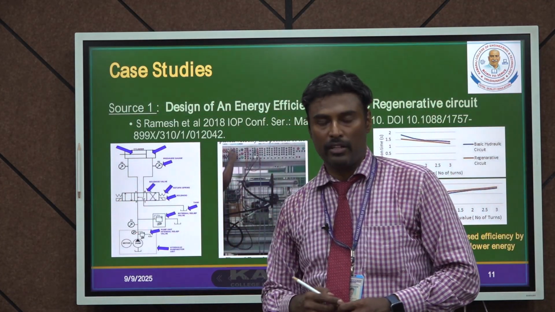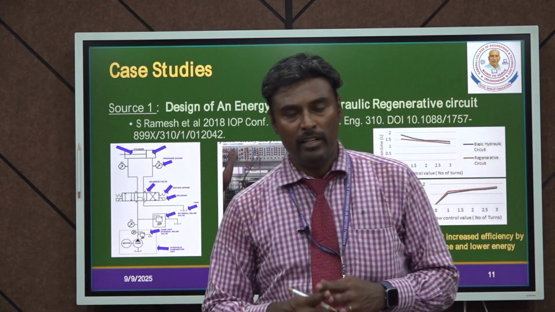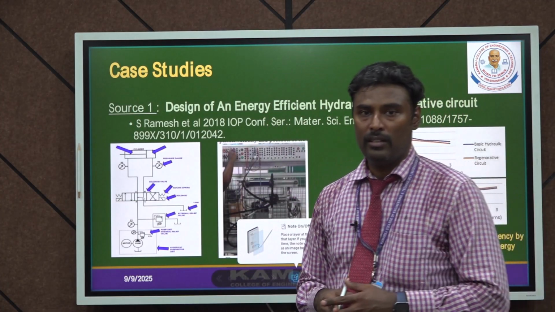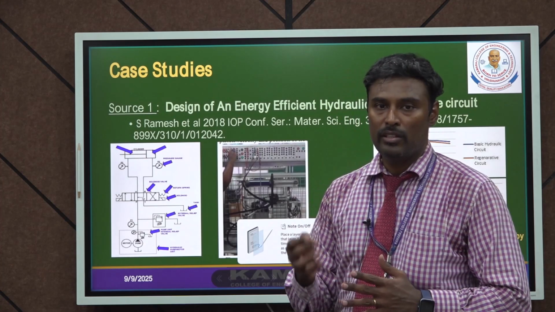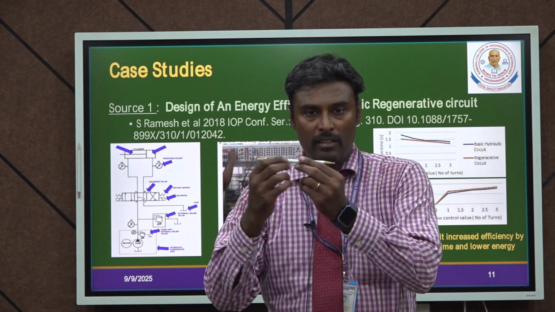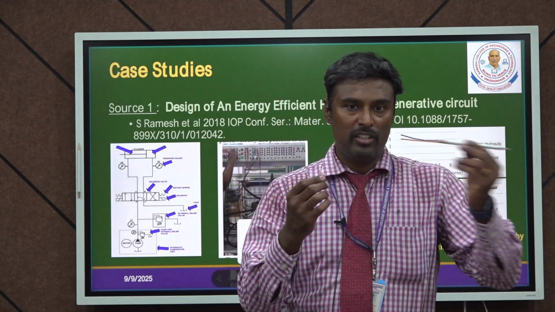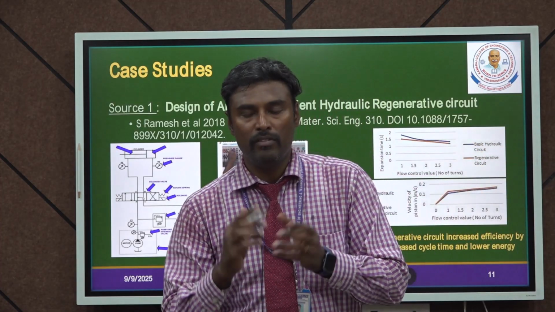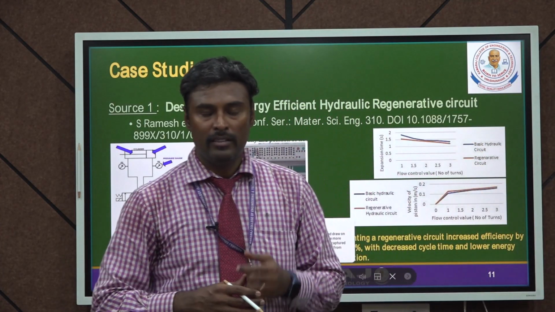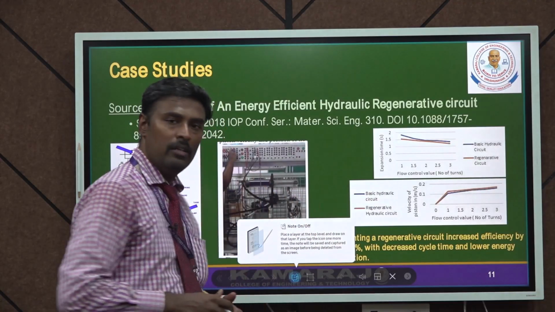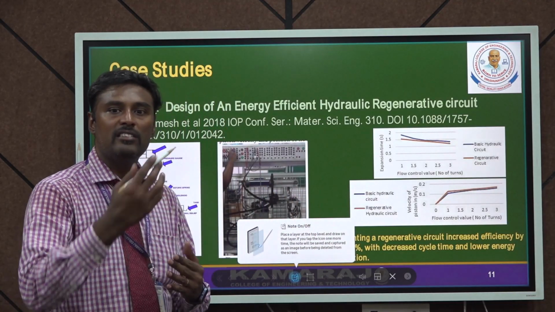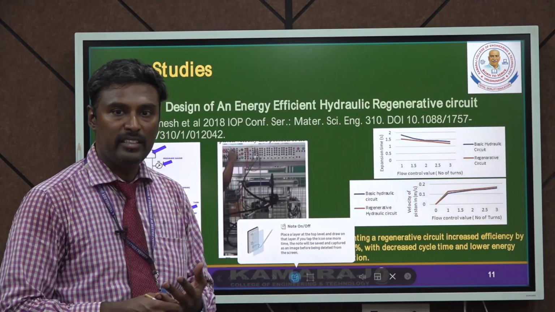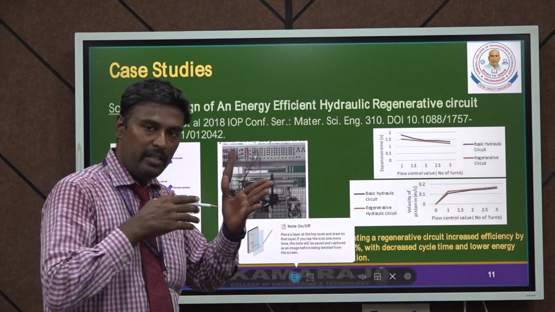As I explained, this regenerative circuit is mostly used for making the cylinder move in one direction in a very fast manner and in the return direction in a very slow manner without the use of any throttle valve. That is the purpose of the regenerative circuit. No additional hydraulic components are needed for speed control.